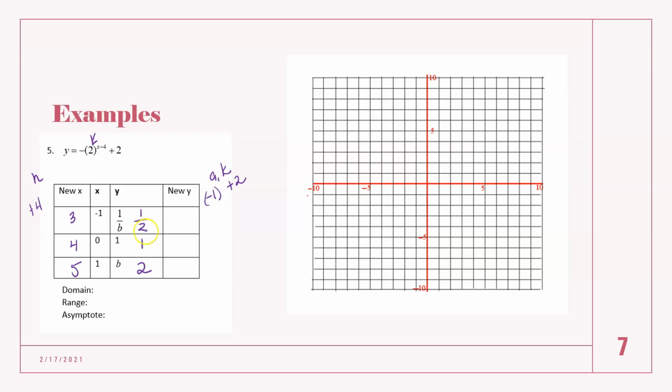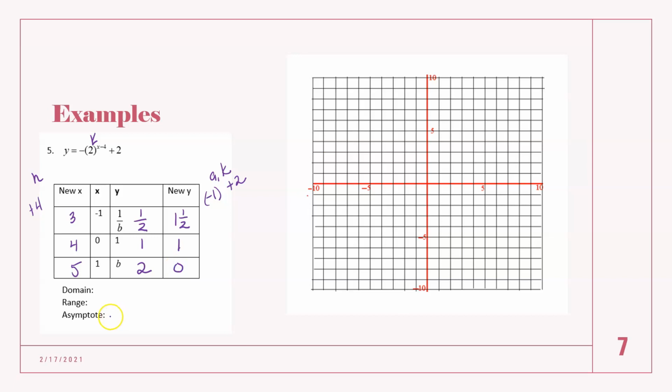So if I multiply a half by -1, I have -1/2. And if I add 2, I have +1/2. 1 times -1 is -1, plus 2 is +1. 2 times -1 is -2, plus 2 puts this right at 0.